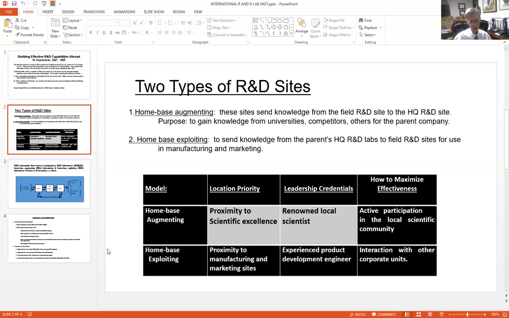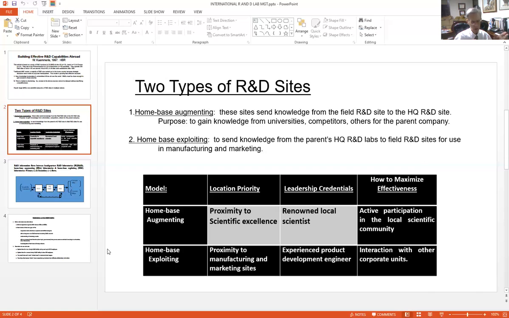But rather, it's a very experienced product engineer who has a lot of respect of the manufacturing managers as well as the headquarters research and development and engineering managers, so that he can interact with them, or she can, to get the best result for the manufacturing operations and/or marketing personnel where that laboratory is located.